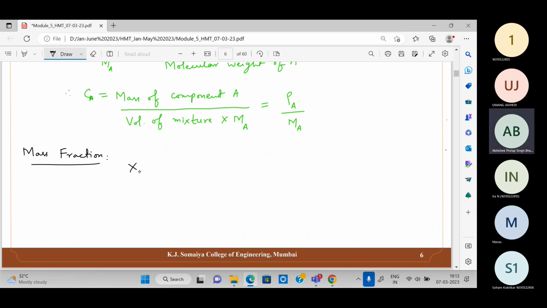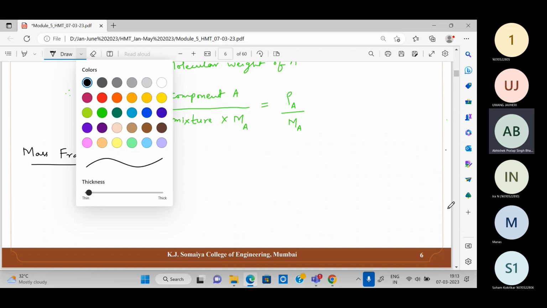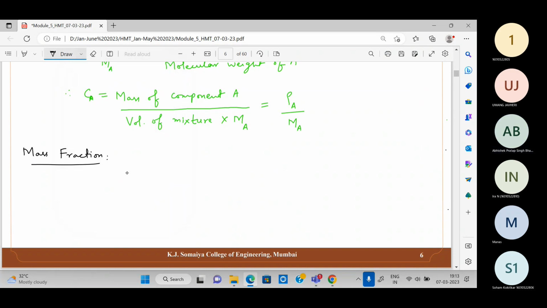So XA is equal to the ratio of mass concentration of a species A to the mass density rho of the mixture.